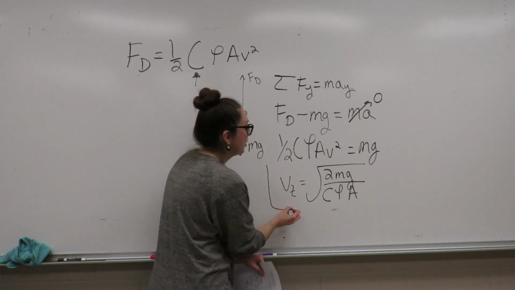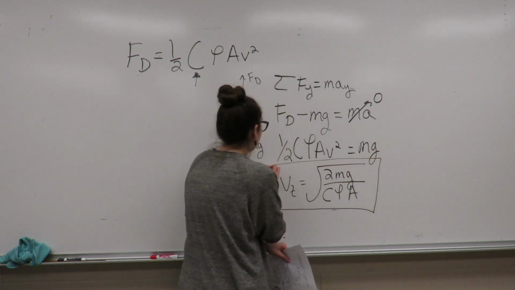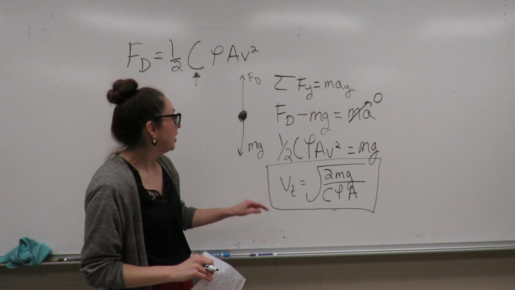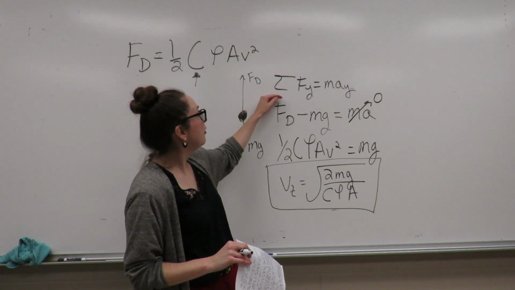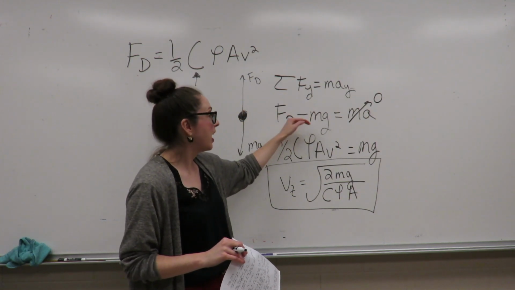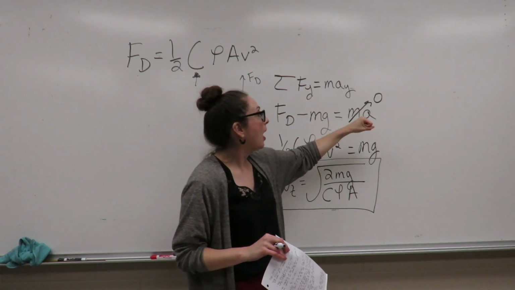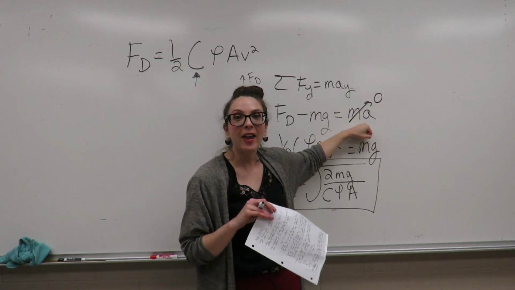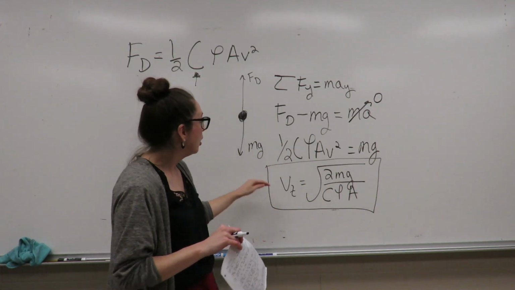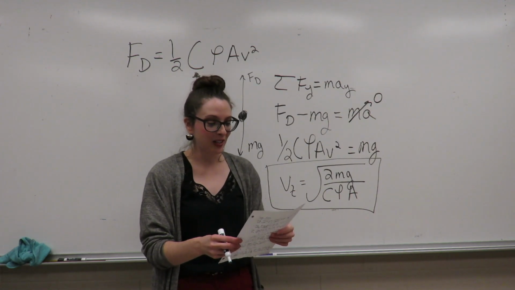And so this is the terminal velocity, the velocity that this object must achieve in order that its drag force equals its mass times gravity. And if that happens, then the object is no longer accelerating. It has reached a constant velocity, which we call the terminal velocity here.